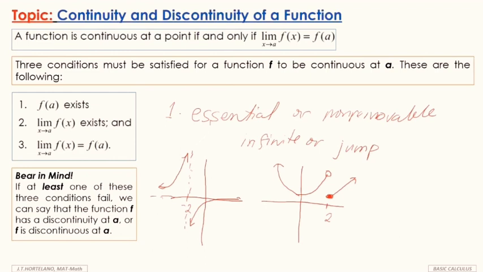So this kind of graph is said to be jump discontinuity.